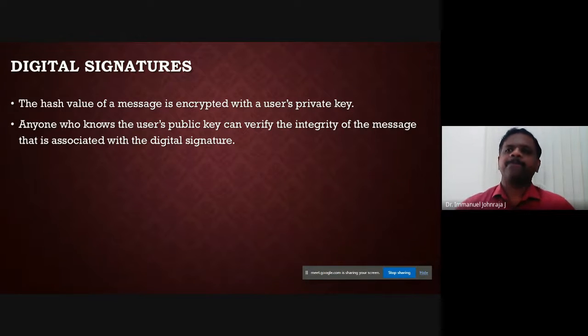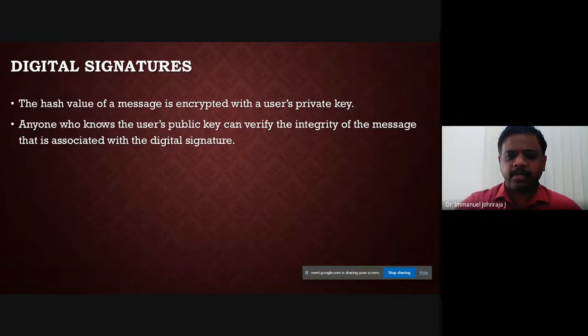The sender uses his own private key for encryption. Anyone can decrypt it, so we are not achieving confidentiality here, but we achieve user authentication. The receiver is able to decrypt it using that person's public key. This provides a very good mechanism for authentication of the user, and that is what is used in digital signatures.